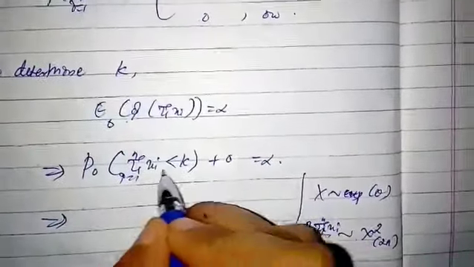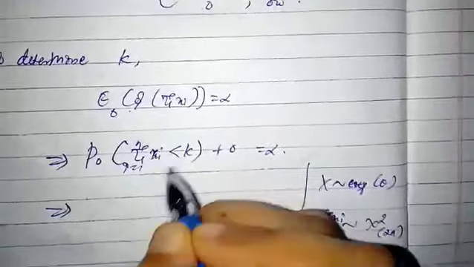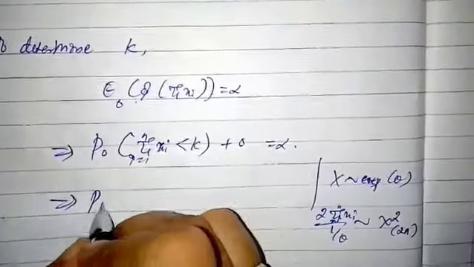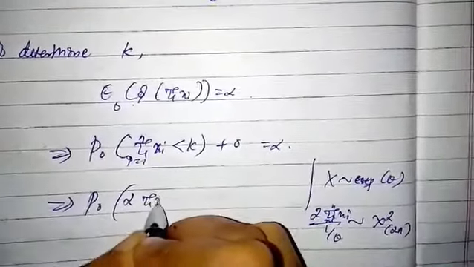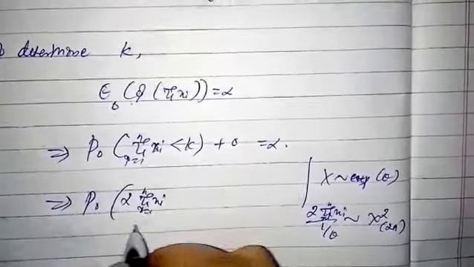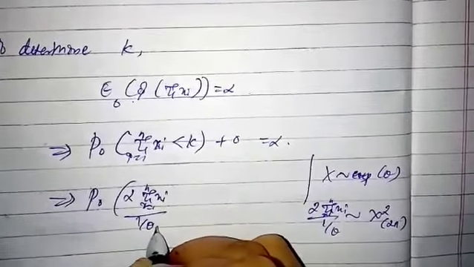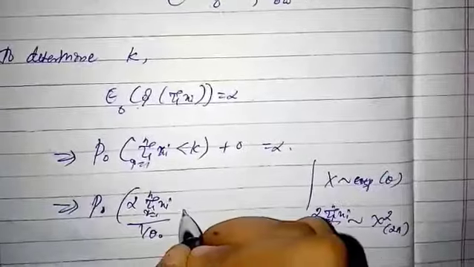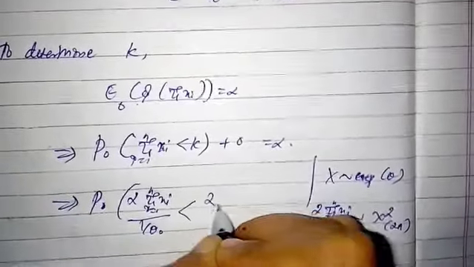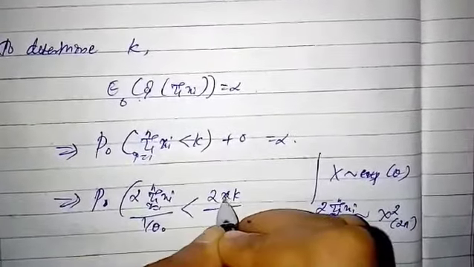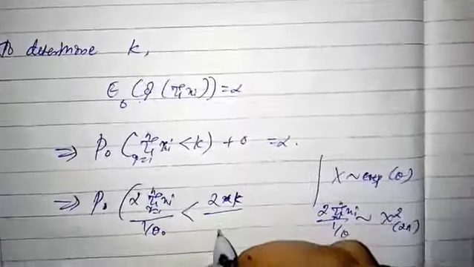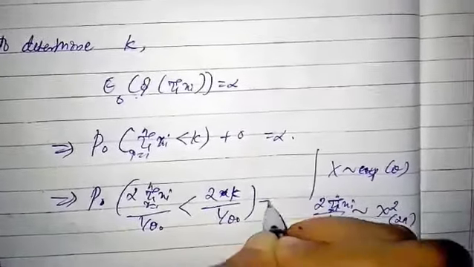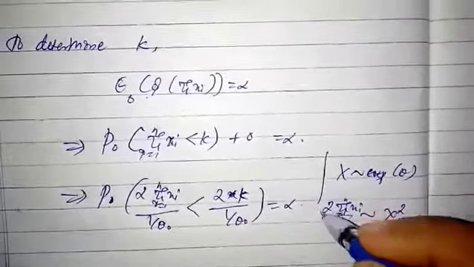So we make a transformation here. That is, probability of 2 times the summation of xi, i from 1 to n, divided by 1 by theta naught, is less than 2k divided by 1 by theta naught, which is equal to alpha, right?